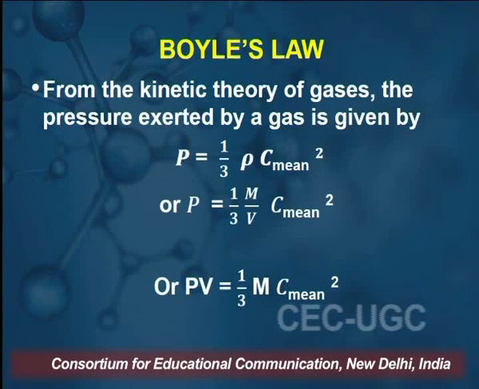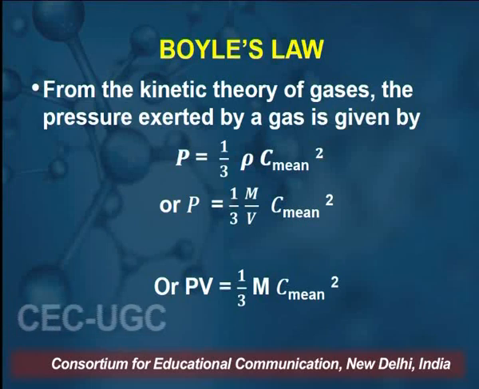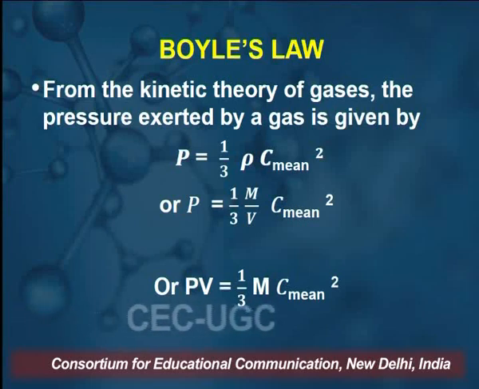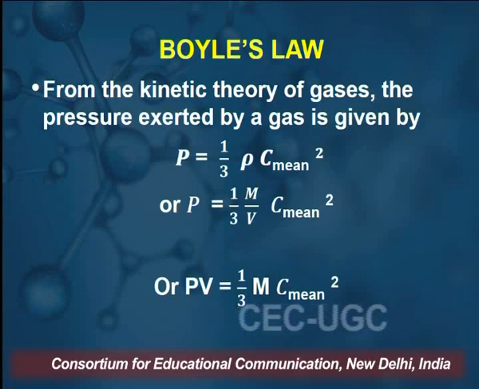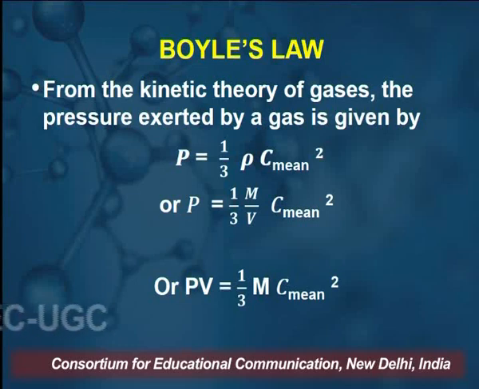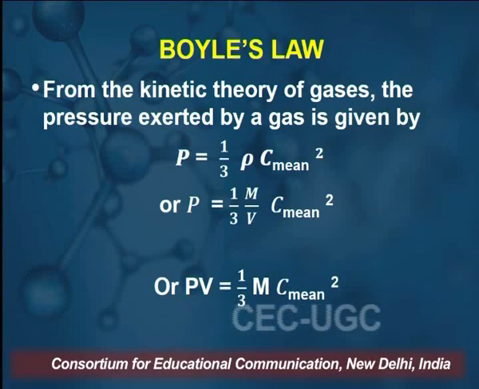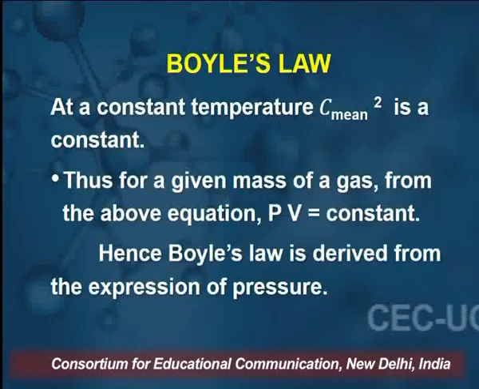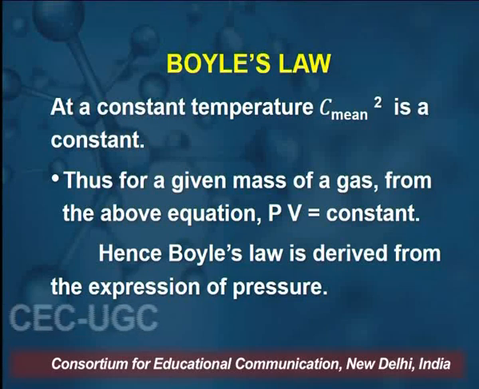Instead of rho, let us write now m by V. This means that P is equal to 1 by 3 m by V C mean square. Let us transpose V to the left hand side of the equation. So we get PV is equal to 1 by 3 m C mean square. At constant temperature, C mean square is a constant.